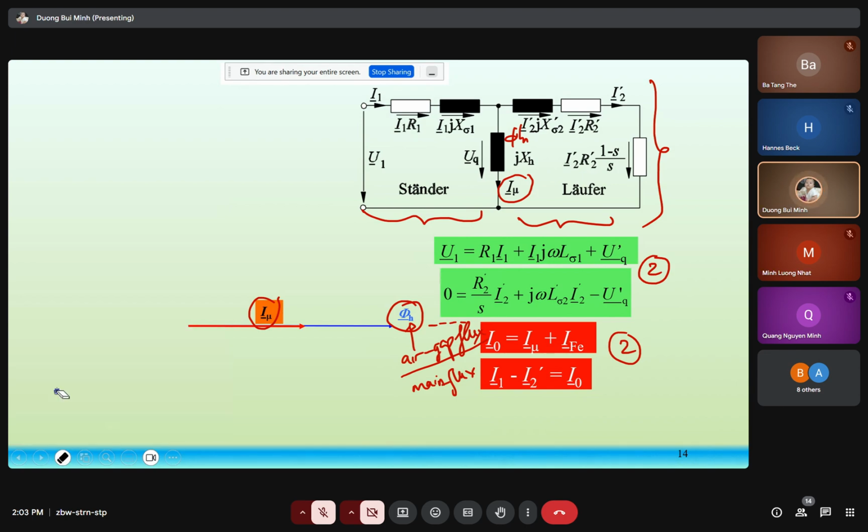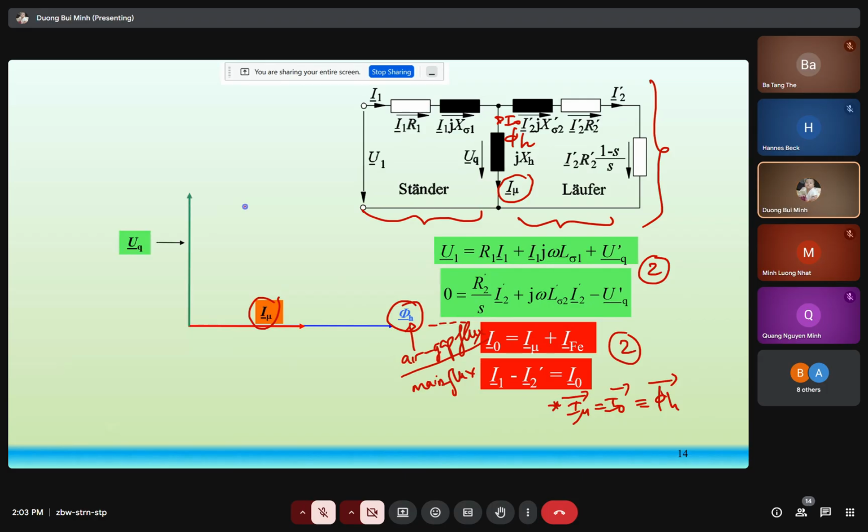We know I mu equals I0, because this is I0, in the same direction as the air gap flux. So you get this one.